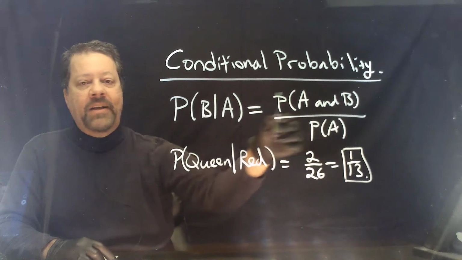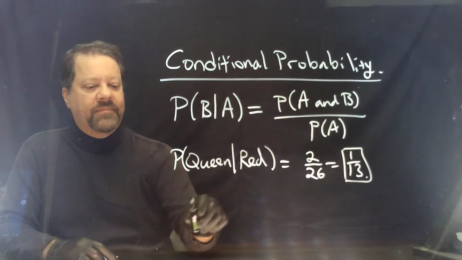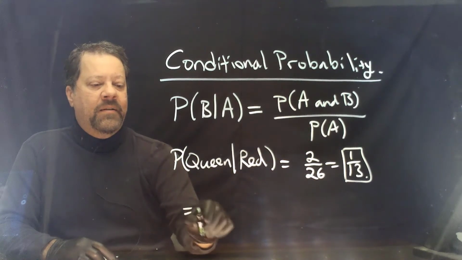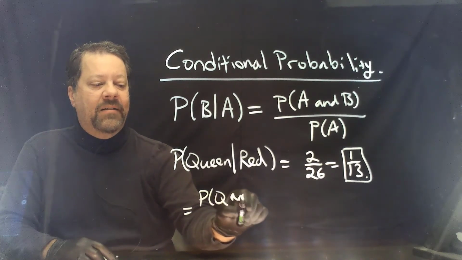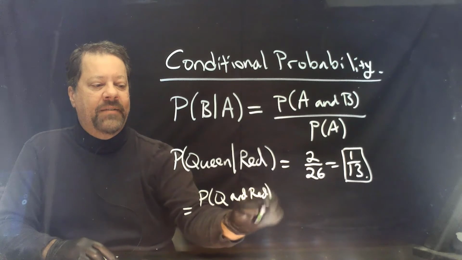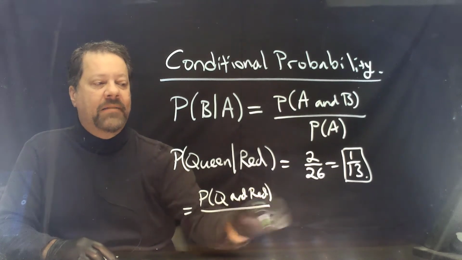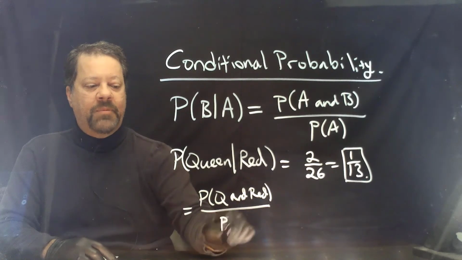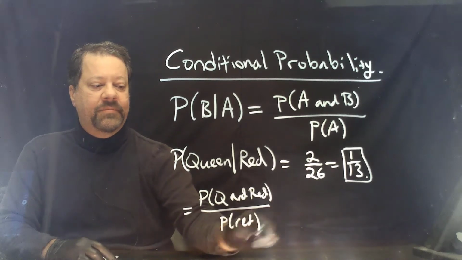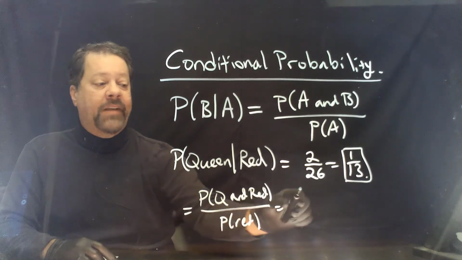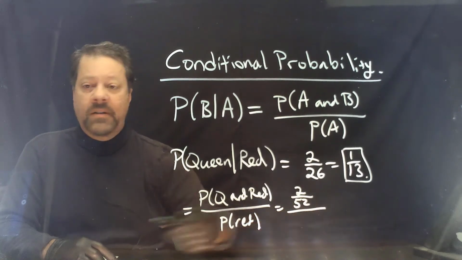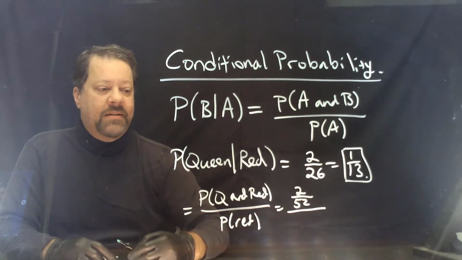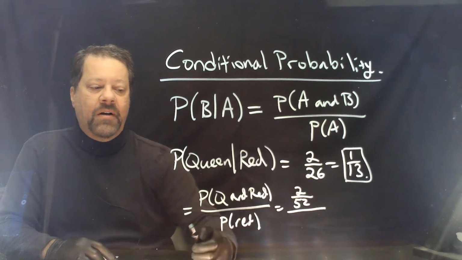But we can calculate it using our formula as well. What's the probability of getting a queen and red, a red queen, versus the probability of getting a red? The probability of getting a red queen is 2 out of 52. There are 2 red queens out of 52 cards.